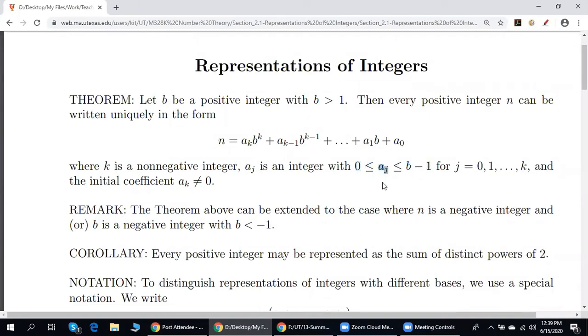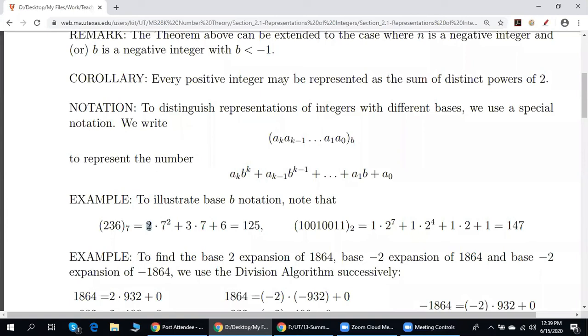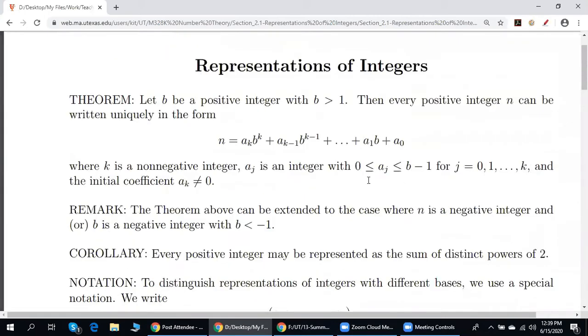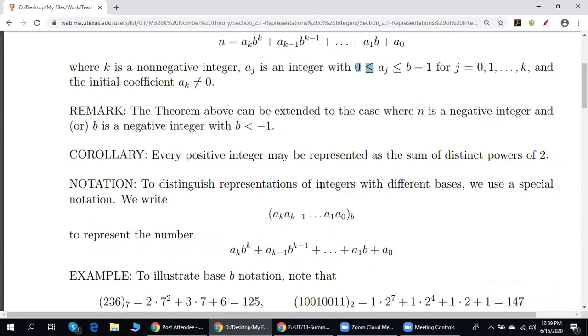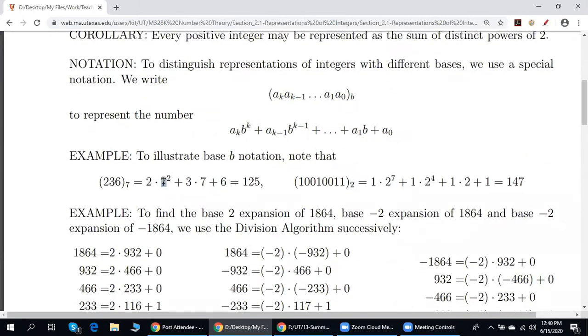So the aj's here are 2, 3, and 6. Each of these numbers is greater than or equal to 0. Each of these numbers is less than or equal to b minus 1. Remember, b is 7. Each of these numbers is less than or equal to 7 minus 1, which is 6.